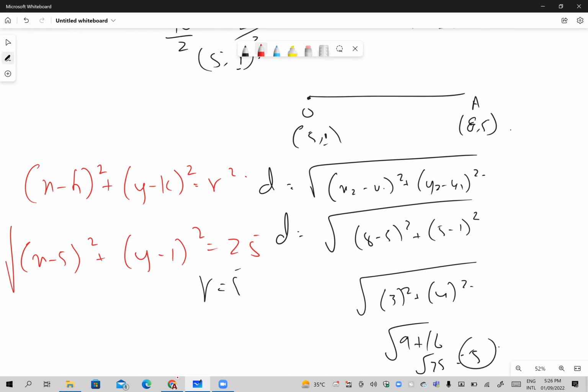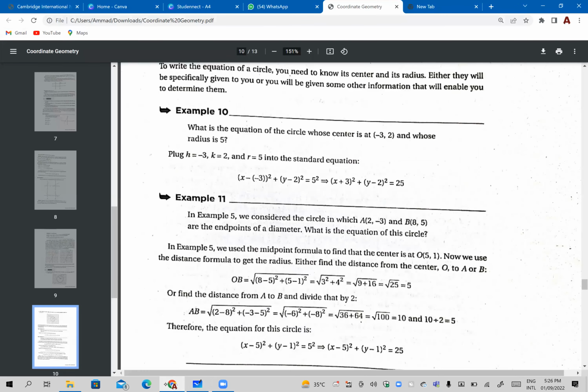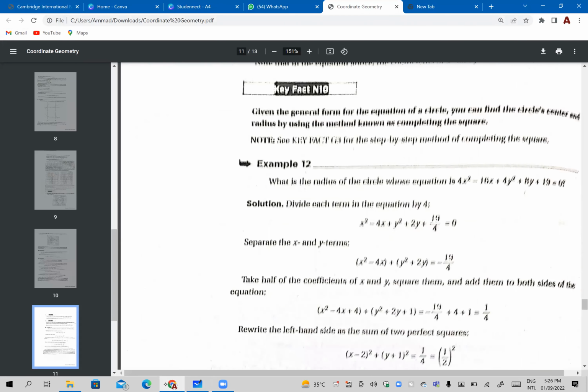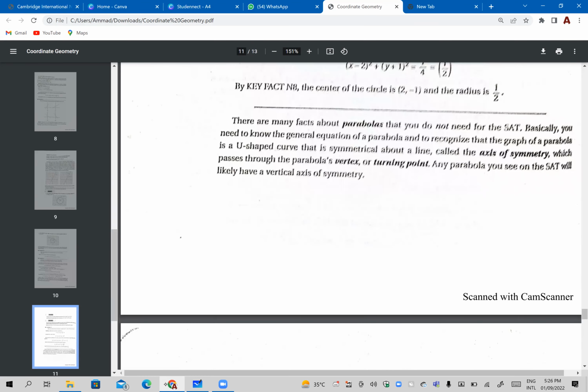This is the equation of the circle, the answer. Guys, all clear? All right. Let's move on to the next part.